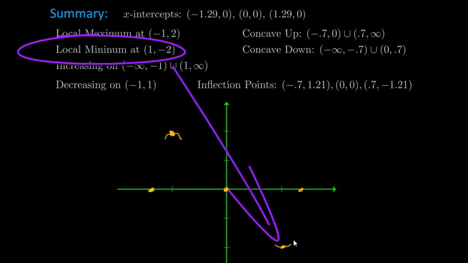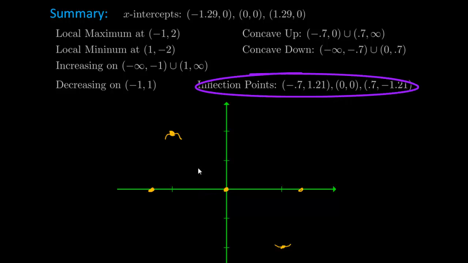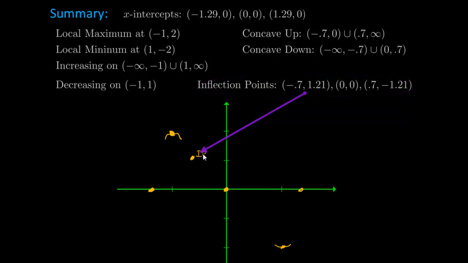So I'm going to do something like that. What else do we have? Inflection points. So negative 0.7, 1.21. That puts me probably around right there. I'm going to label that as an IP. This is also an IP. And 0.7, negative 1.21. So that puts me somewhere like right here.